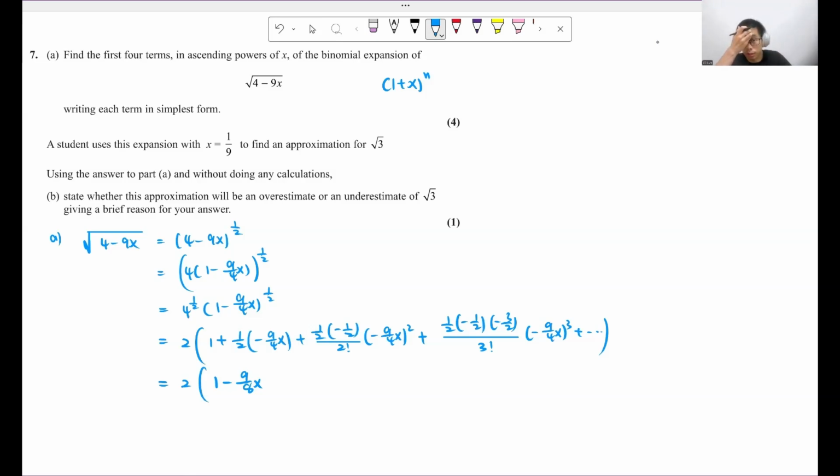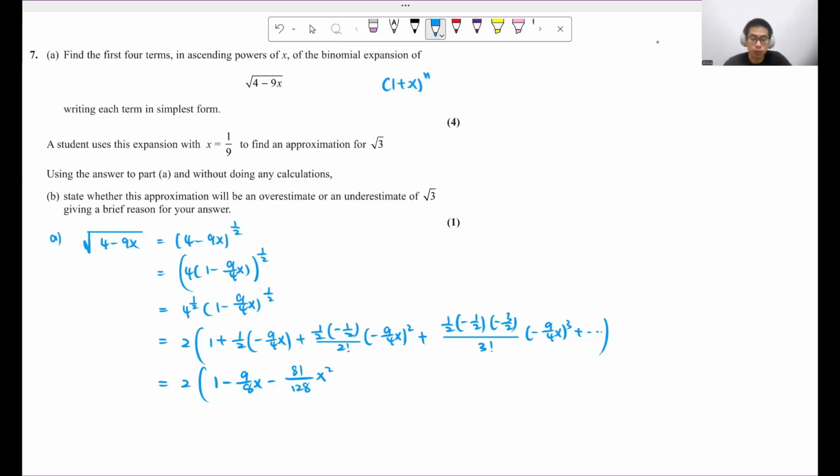Because you can't put x in the calculator, and that term is just x squared, what I'm going to do is just put x as 1. So I just put negative 9 over 4 squared in the calculator. That will give us negative 81 over 128 x squared. So just put everything in the calculator. When it's x, you just let x equal 1. Then that will give you the coefficient you need.